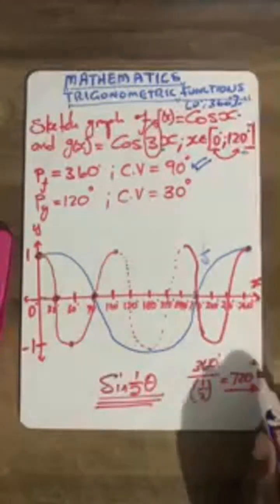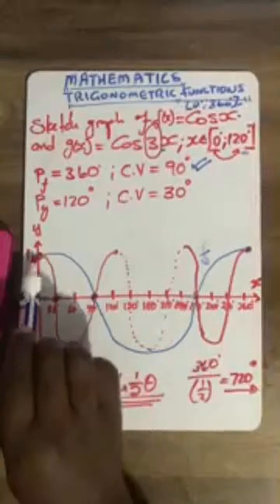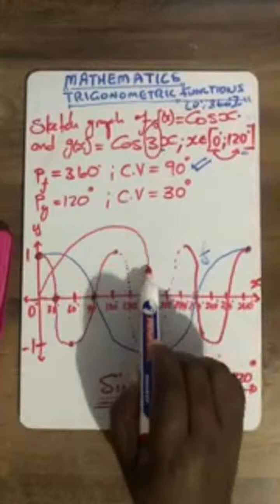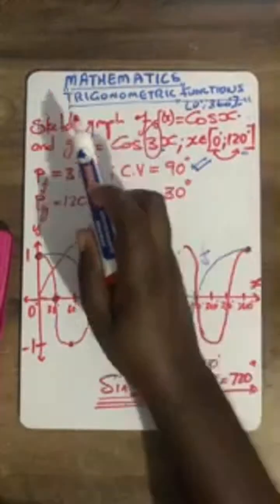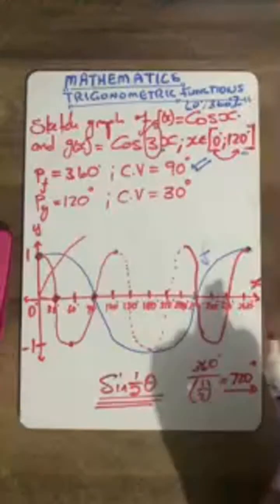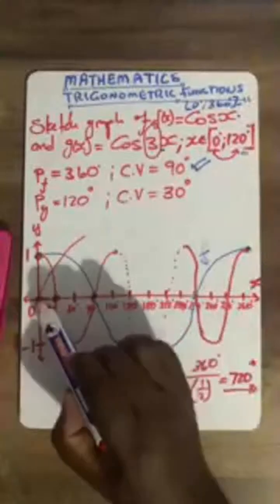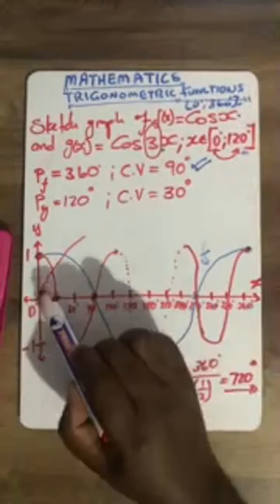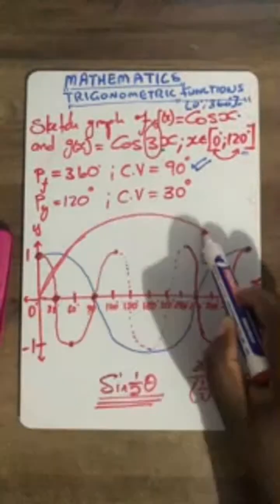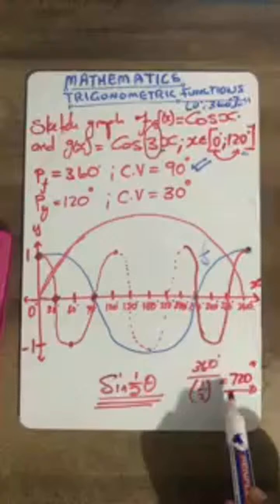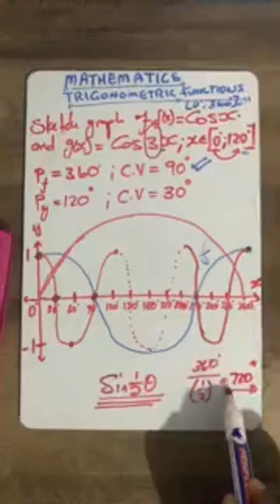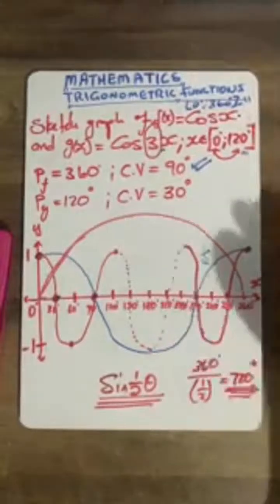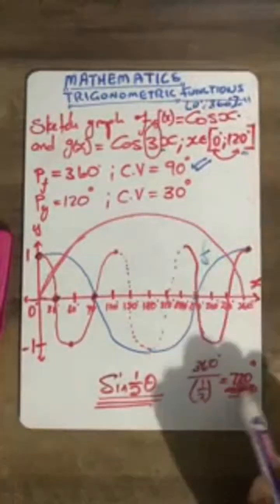So you might find that your function now makes a U-turn at 270 or at 360, and then it continues up until it gets to 720.